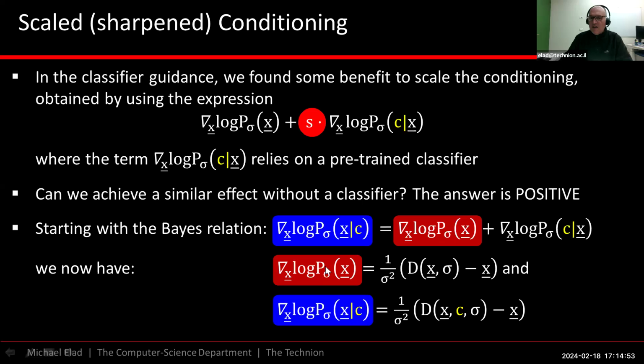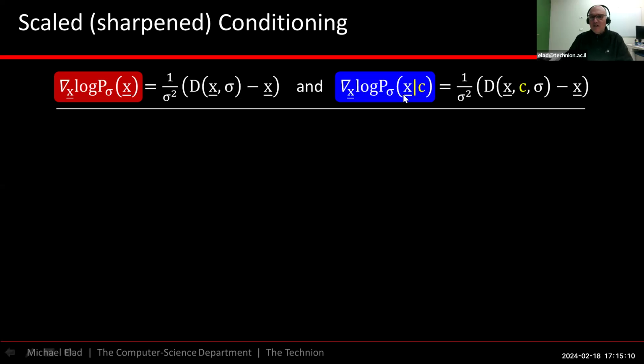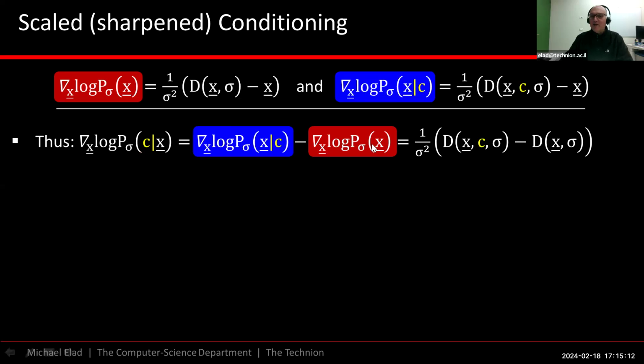Now, given the red part as an expression of denoisers, and given the blue part as an expression of a denoiser, you can actually compute this part, the classifier guidance, basically the blue minus the red. This is exactly what I'll do now. Here is the blue, here is the red. Let's do blue minus red and get the classifier guidance.